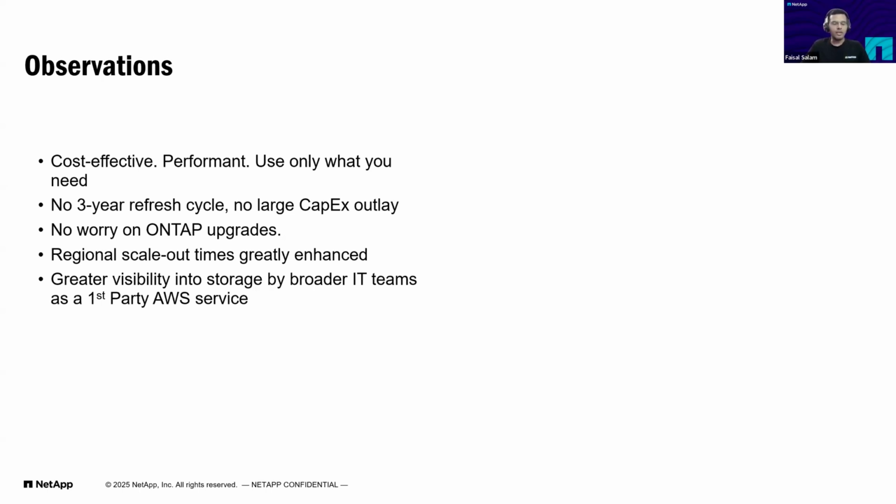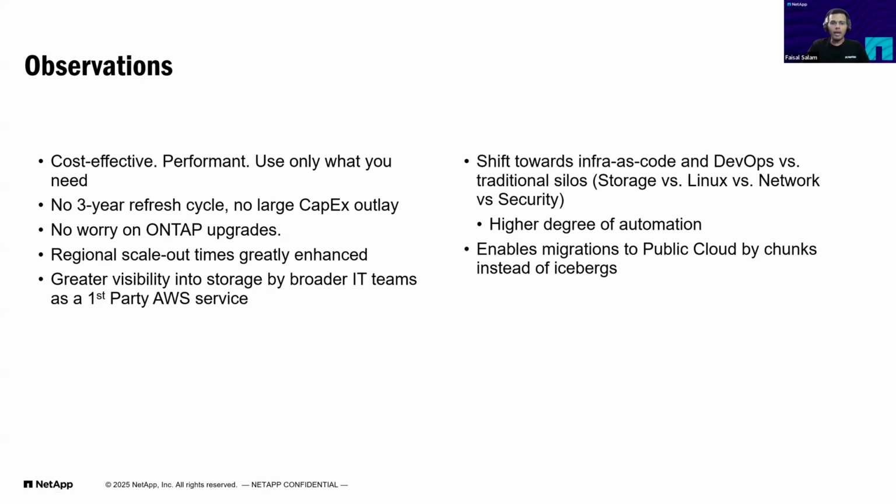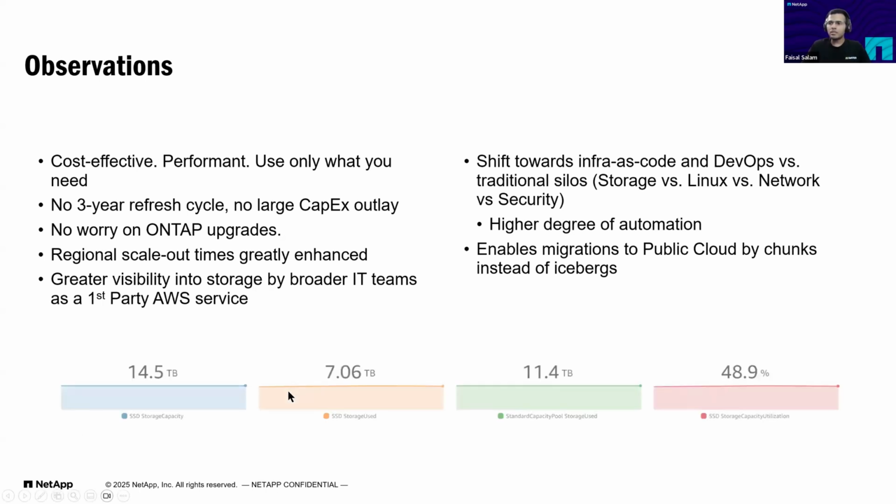And there's also a high degree of automation using Ansible, AWS CloudFormation, Terraform. And migration from on-premises to public cloud has been really easy because of SnapMirror and some of the other tools that we spoke about.